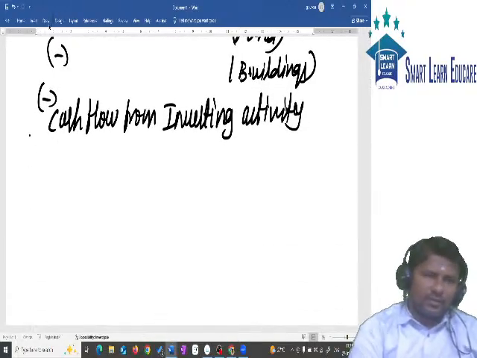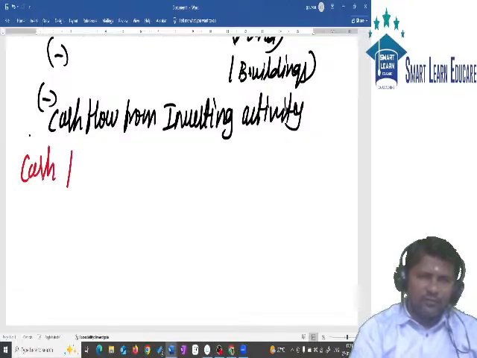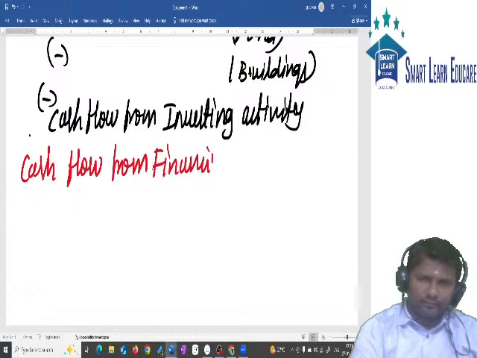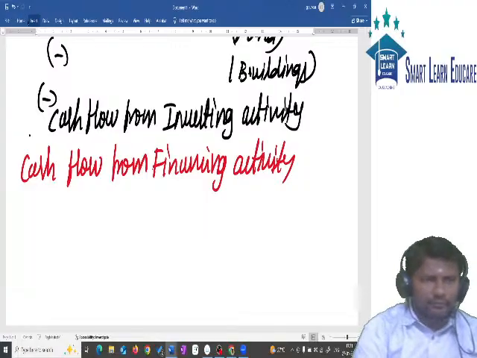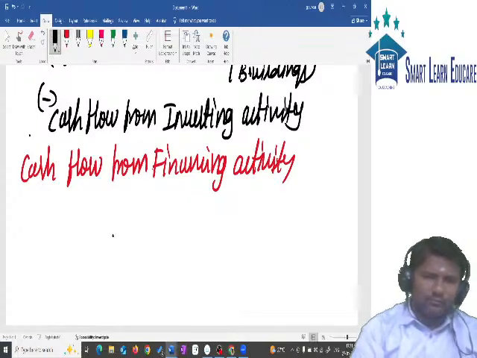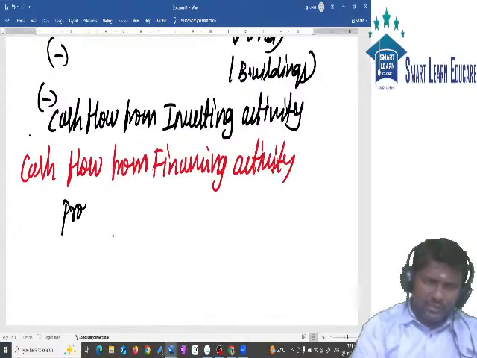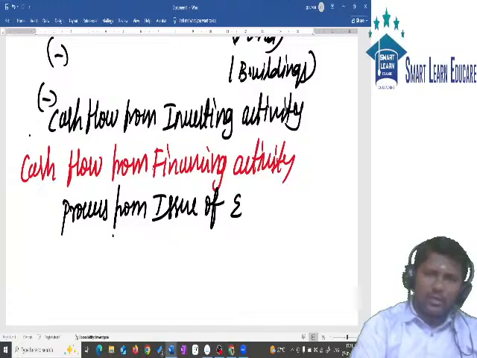After cash flow from investing activity, we have the last thing. The heading is cash flow from financing activity. In this we have the following things. First one, proceeds from issue of equity shares.